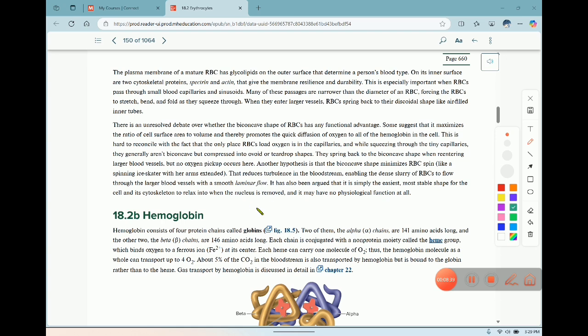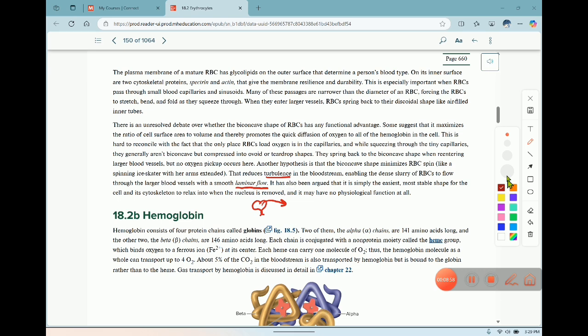When red blood cells, so we have the heart, right? There's your pump, and it pushes blood through our tubes, and that does create what's called a laminar flow. There's laminar flow and there's turbulent flow.